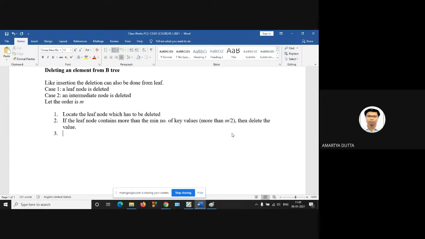Line number 2: if the leaf node contains more than the minimum number of key values, more than m by 2, then delete the value.